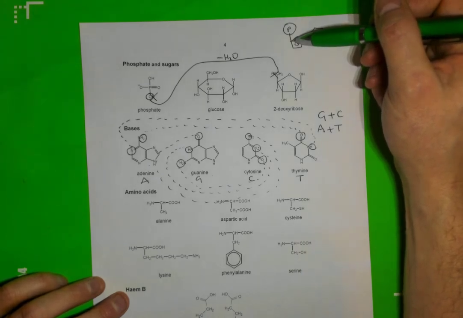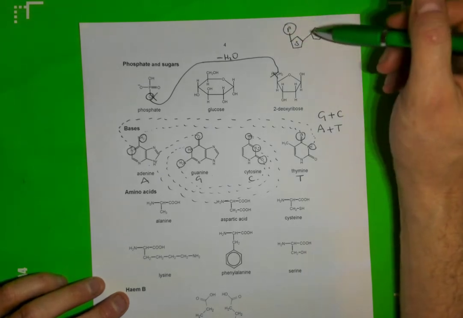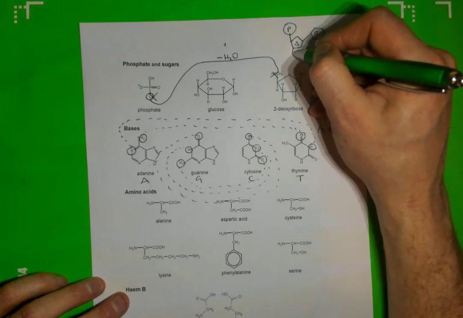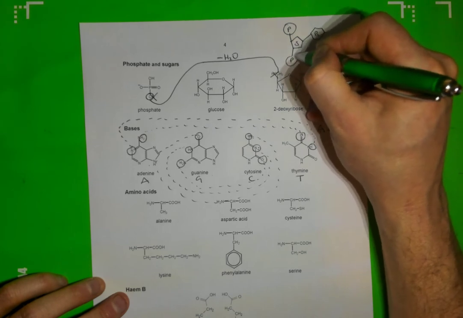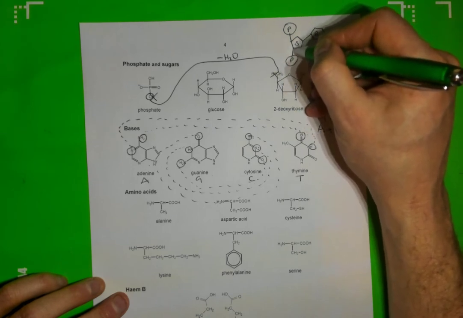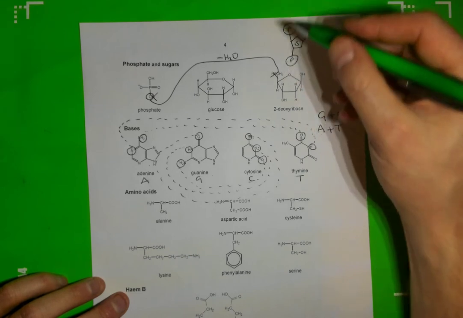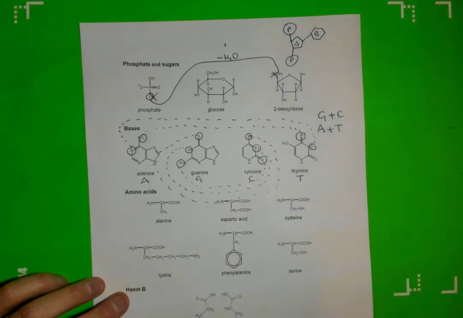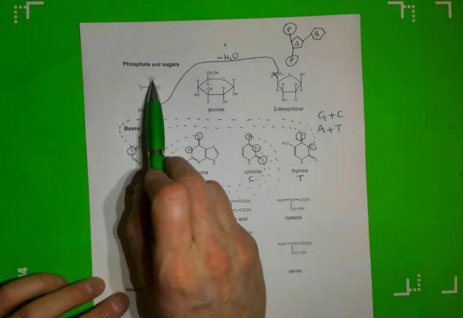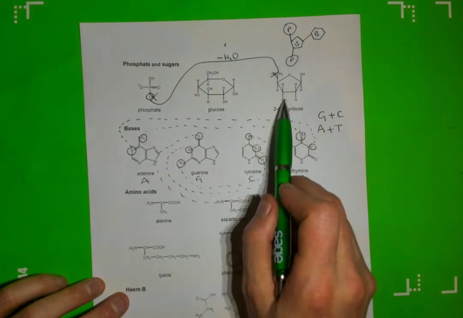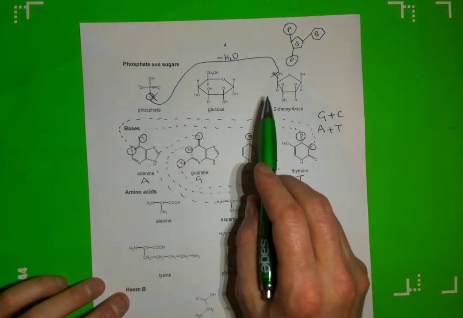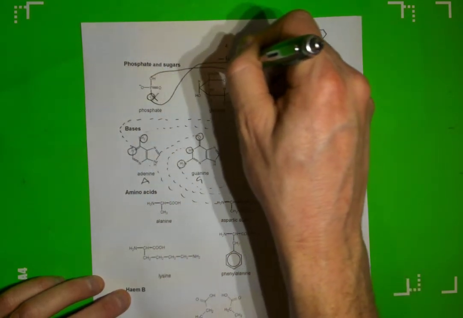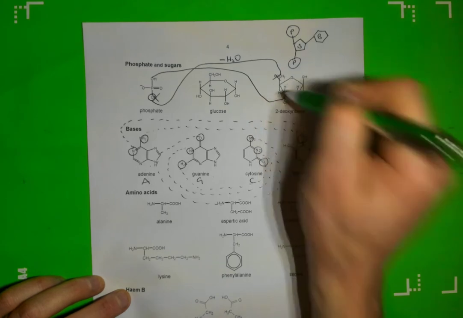Now we know from the structure of DNA that the next nucleotide's phosphate group will be bonded to this part of the sugar here, which is this carbon here. So we need to bond the top of the phosphate here to the bottom of the sugar. In order for that to happen, this oxygen here bonds with that carbon there.